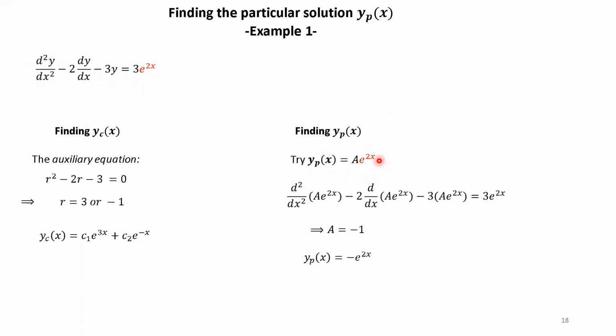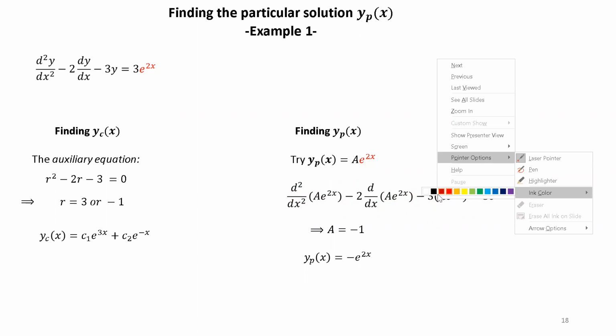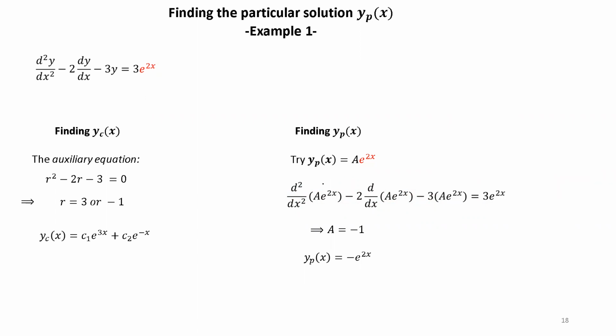So if I just put this a e to the 2x into the left hand side, so take the derivatives. Let me try to do it. The left hand side, right? So what is the first term? Let me just write it.